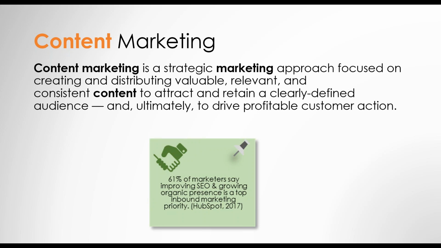Now, we also know that 61% of marketers say that improving SEO and growing organic presence is a top inbound marketing priority. Why? Well, when we look at content marketing and people's online visibility, content is key here because the more content you produce, the more land that you own within search engines.